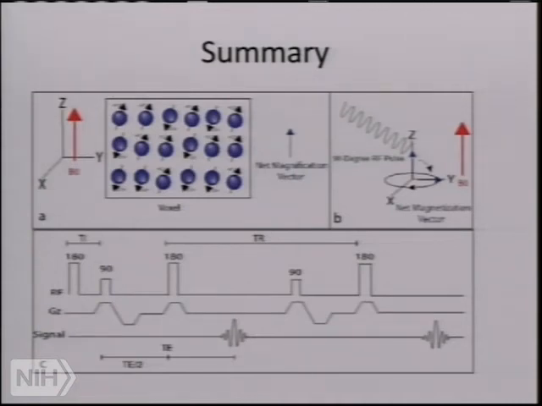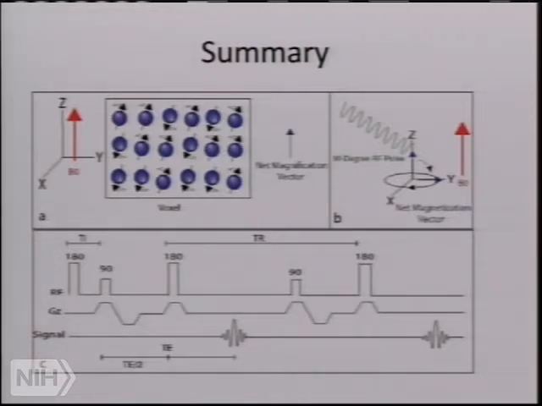So that's just to summarize what I've just said. You have all these spins, hydrogen nuclei that are spinning around, either aligned with or against the magnetic field. You come in with an RF pulse. You deflect them from their normal alignment with the magnetic field down to another direction.